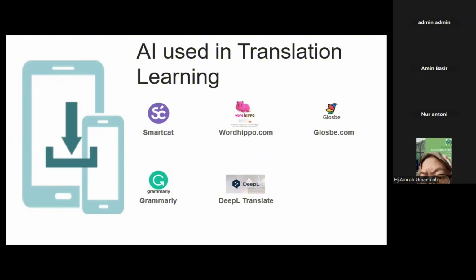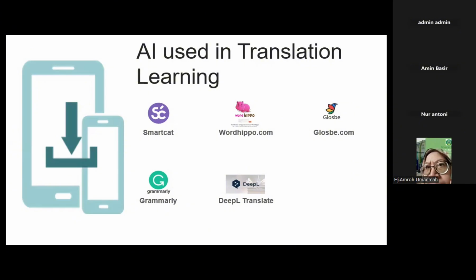And then what's interesting in Glosbe is that we can type a certain sentence or a word, and then it will give the translation, also a selection of sentences showing how that word is applied. So we can get an idea of what the translation will be in different contexts of sentences.